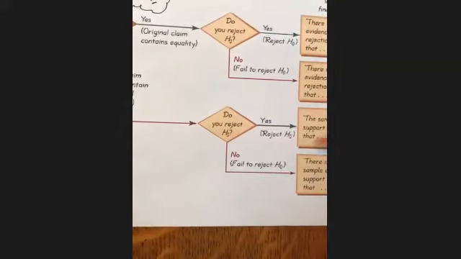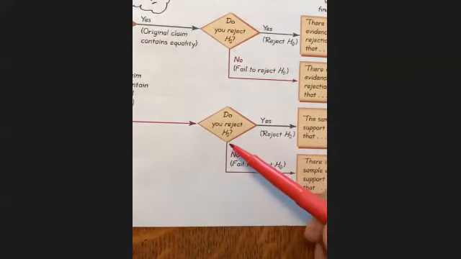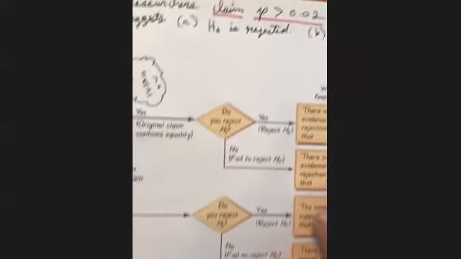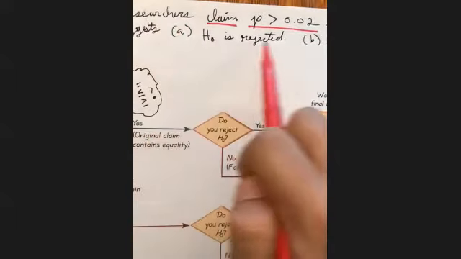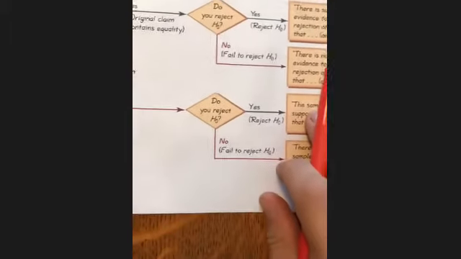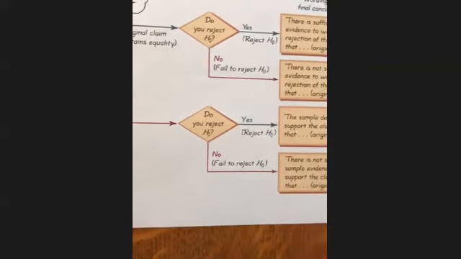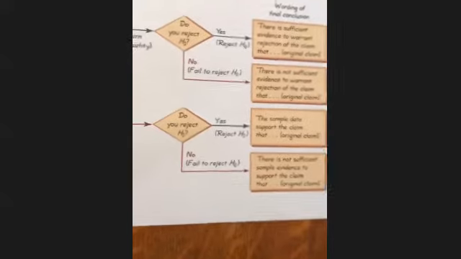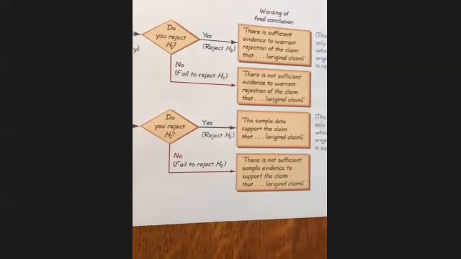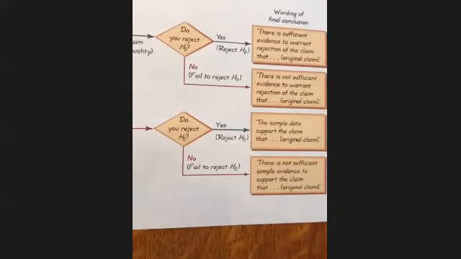Okay, so once we know who the claim is, then we go to the no branch. Now we do the mathematics and we reach one of two conclusions. The first conclusion is we reject the null hypothesis, right? So A is what happens if H0 is rejected. If H0 is rejected, then we say yes, and we take this branch, and then the wording of our conclusion is as follows. The sample data support the claim that, blank, original claim.